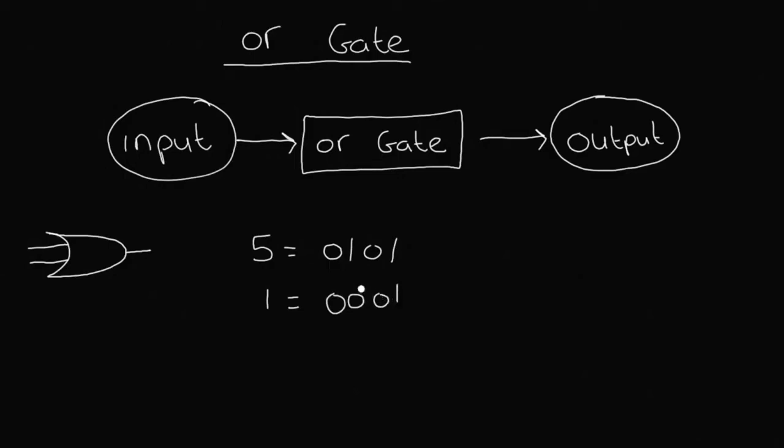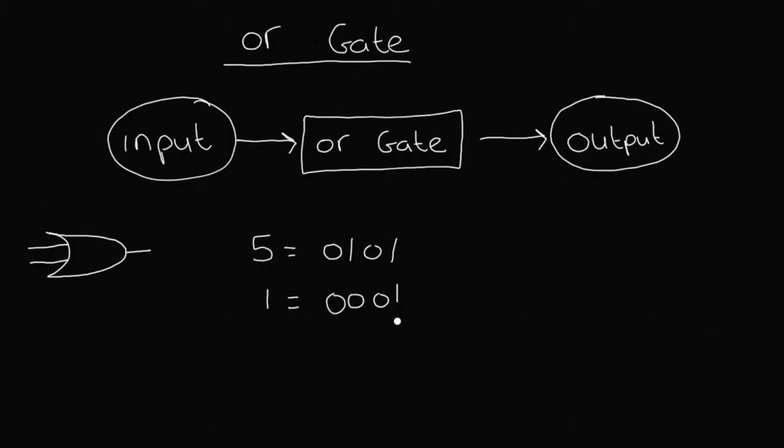So what we need to now do is we need to look at these different columns. So we can see that there's 4 different columns here. The first column has 1, 1 in it. The second column has 0, 0, and so on and so on. So with an OR gate, we are checking to see if one of these columns is 1.